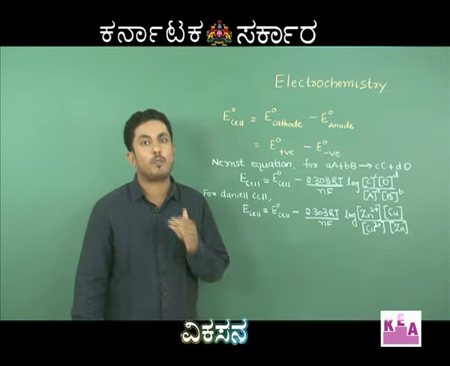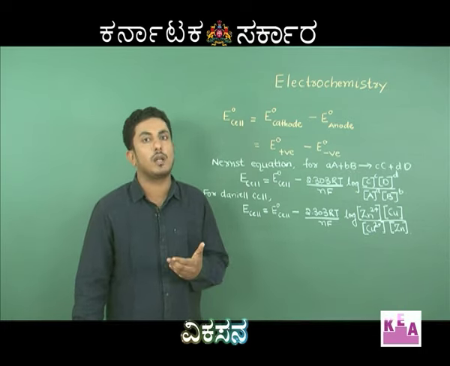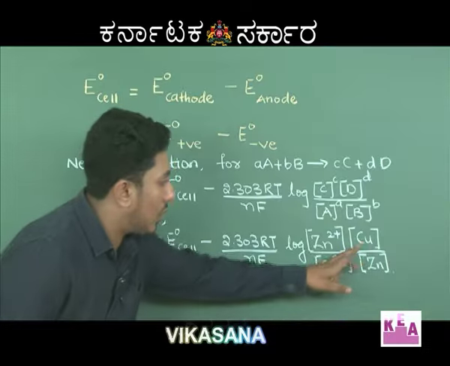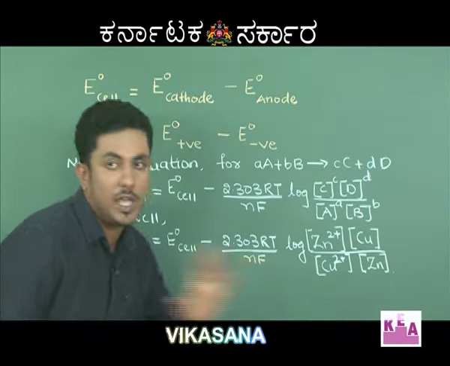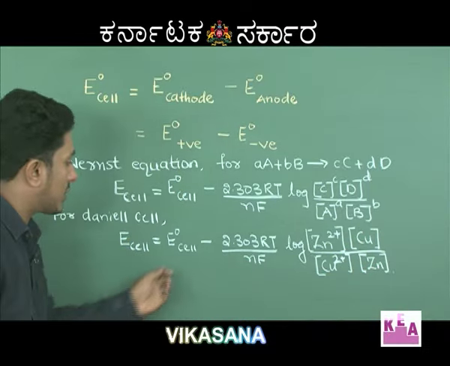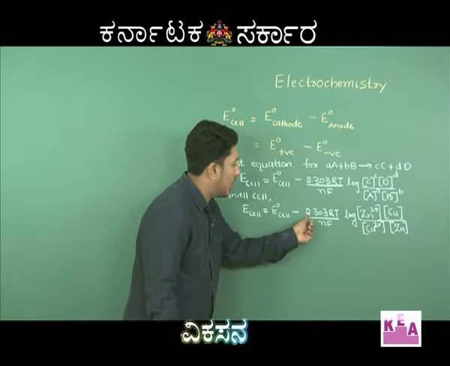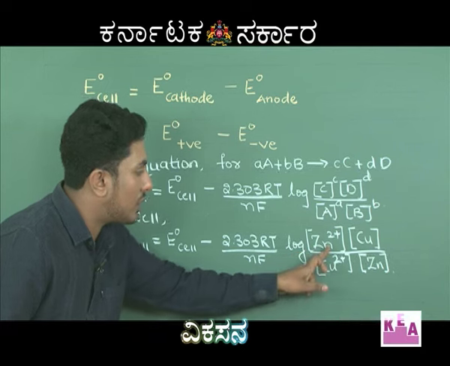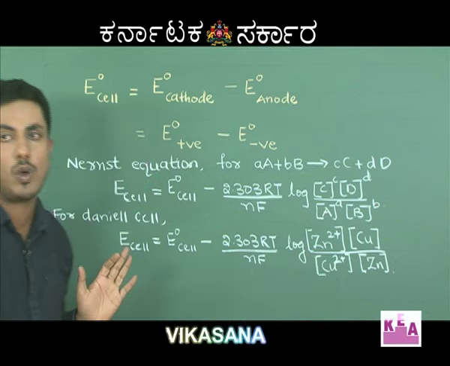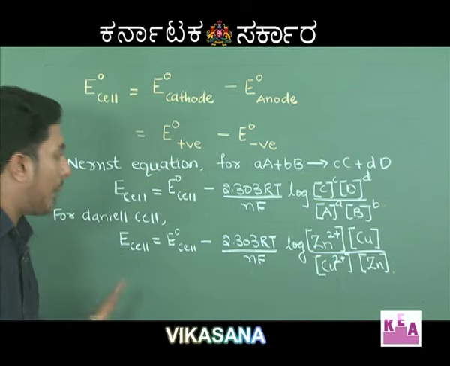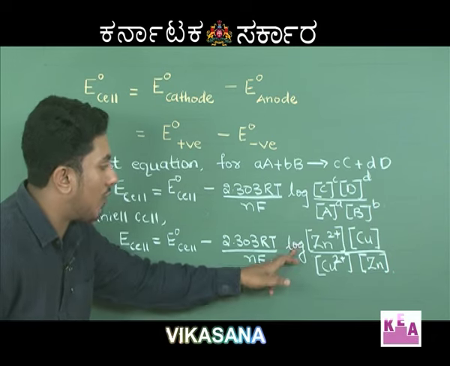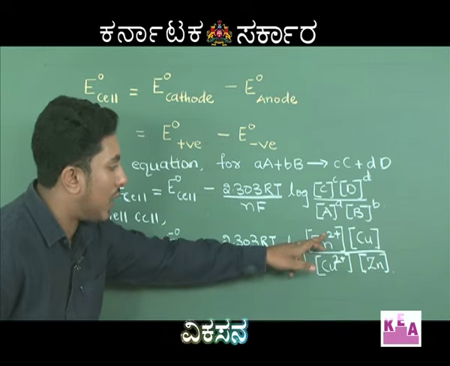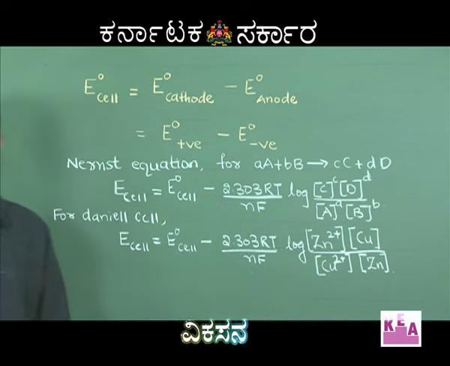The concentration of pure metals and solids are taken as unity, hence concentration of Cu and zinc will be equal to 1, hence the equation reduces to E naught of cell minus 2.303 RT by nF log of concentration of zinc ion divided by concentration of copper ion, or to remember, we can remember it as log of concentration of ions at anode divided by the concentration of ions at cathode.